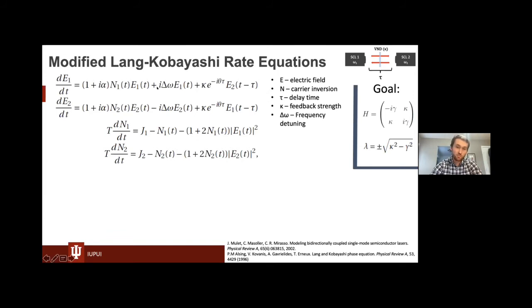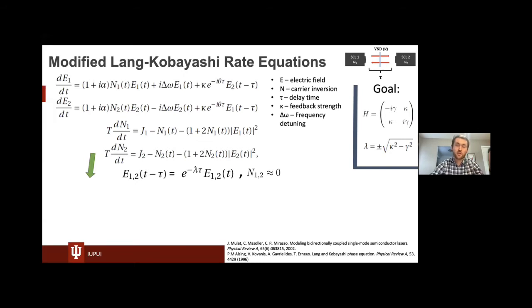So the first approximation we're going to make is that our lasers are operating in the steady state, which means that I can write my solutions for the electric field as e to the lambda t, which means I can rewrite my delay terms like here on this last line. And I'm also going to operate these lasers just above threshold.